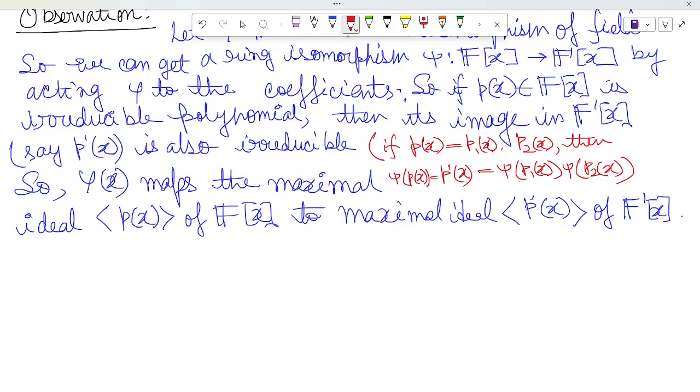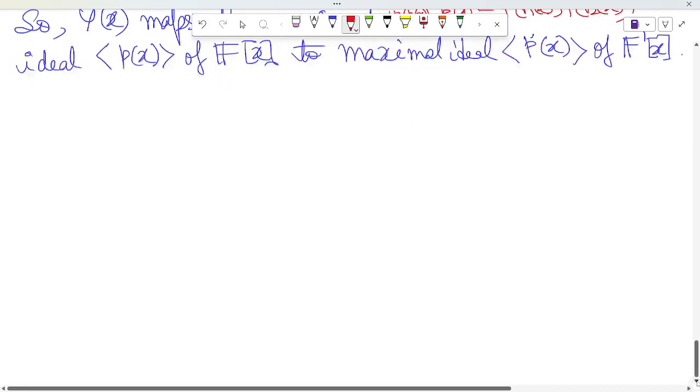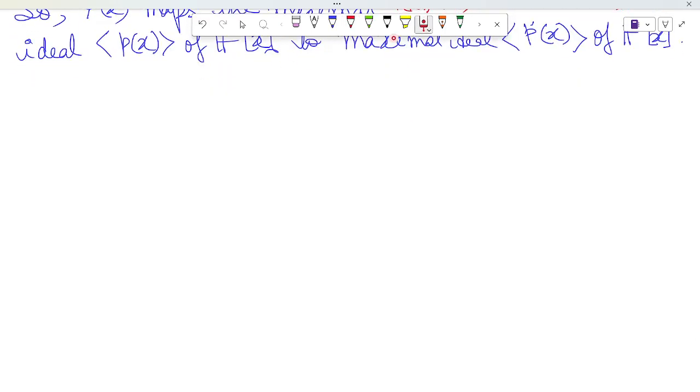From this, we can conclude the important theorem, which will be important in the splitting field sense. So I am saying what the statement of the theorem says. Okay, so suppose you are given an isomorphism, you denote it by phi, an isomorphism between fields.